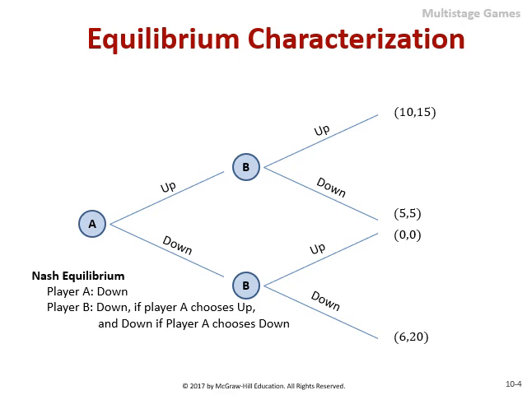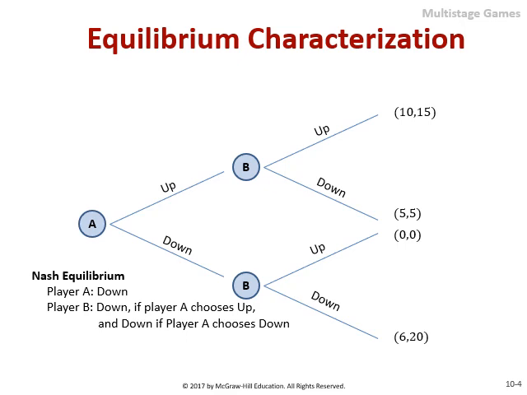What about player B? How do we check whether this is a correct Nash equilibrium or not? I have to check for player B. To be a Nash equilibrium for player B, it has to be the best response of B given A's strategy.